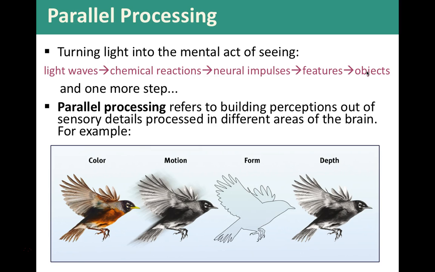So we have detectors for color, we have detectors for motion, we have detectors for form, we have detectors for depth, okay? And all of those aspects of the visual stimulus are being processed in parallel. So we don't build our perceptions, or what we see. We see it, okay, because all of those steps were taken in a simultaneous parallel processing way.